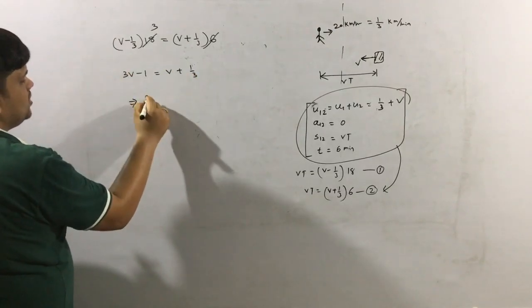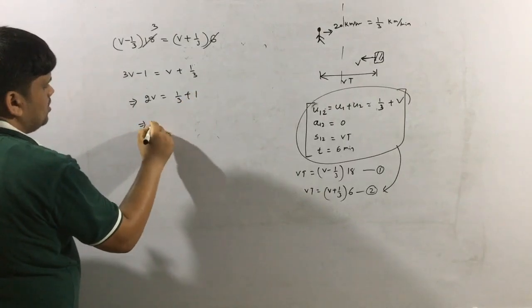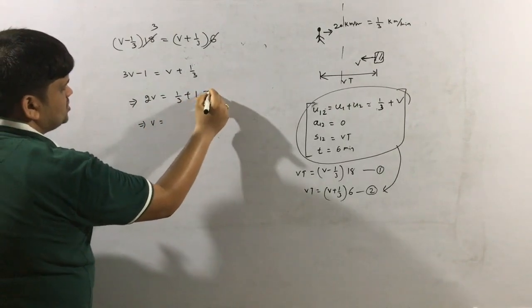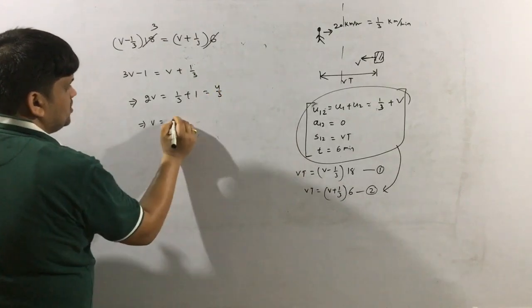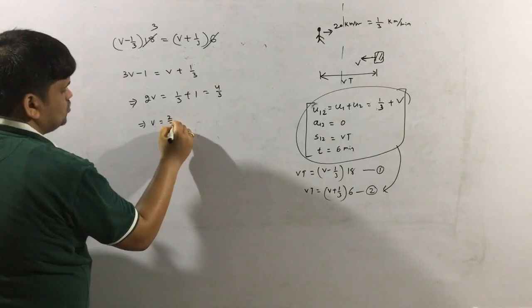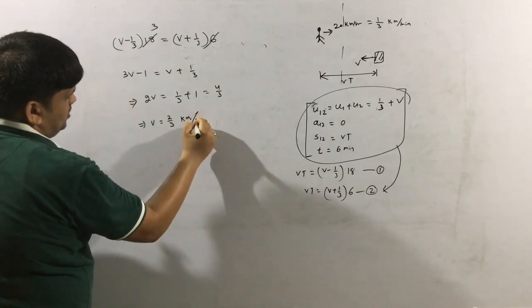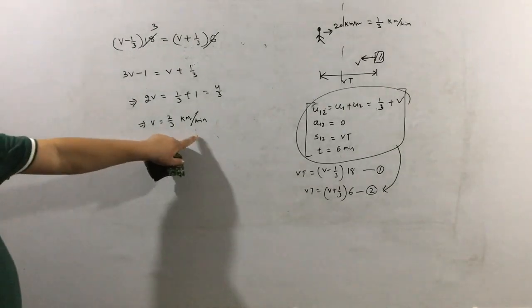Or it implies that 2v equal to 1 by 3 plus 1, or v is equal to 4 by 3 divided by 2, so it will be 2 by 3 kilometer per minute. Okay, remember we have taken kilometer per minute.